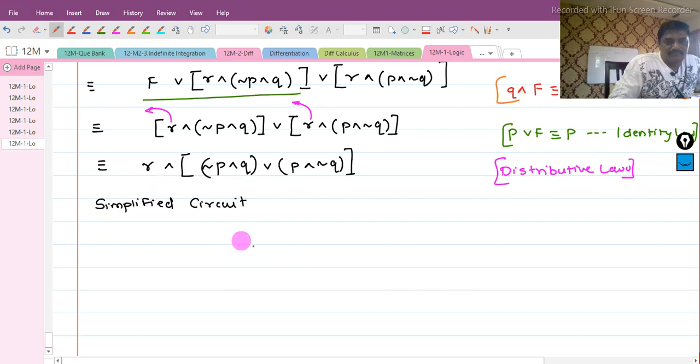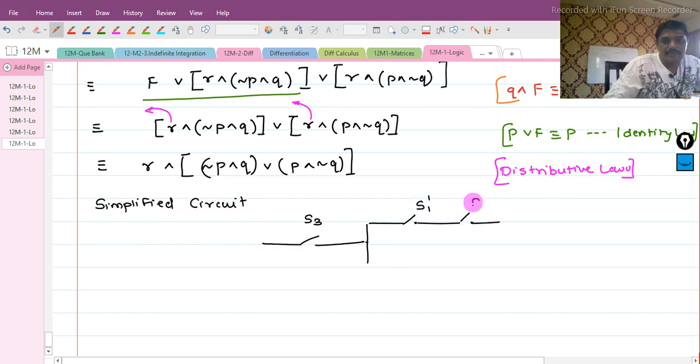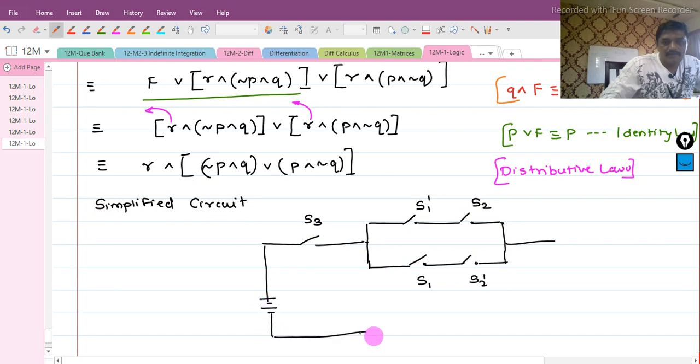This has got R. R means S3. So this is S3 ANDed with the ANDing of these two: S1 dash and S2, ORed with S1 and S2 dash, and this is the lamp.